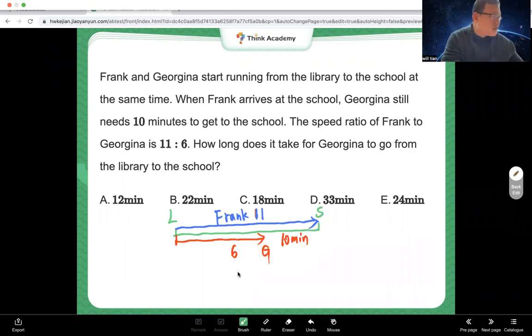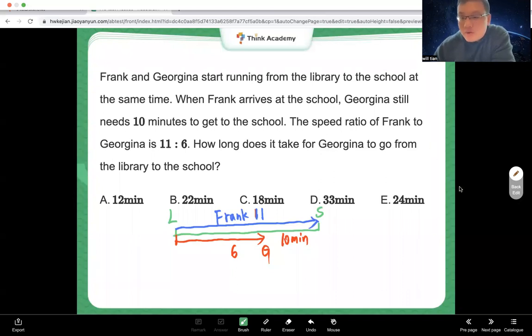Okay, guys, how to solve the question? Any ideas? We know the ratio of the speed.